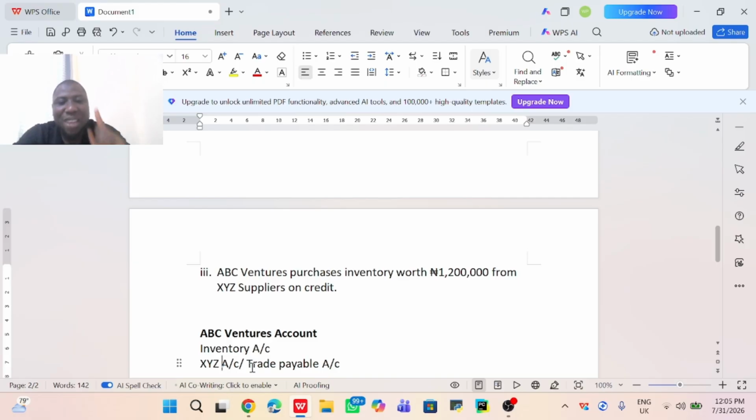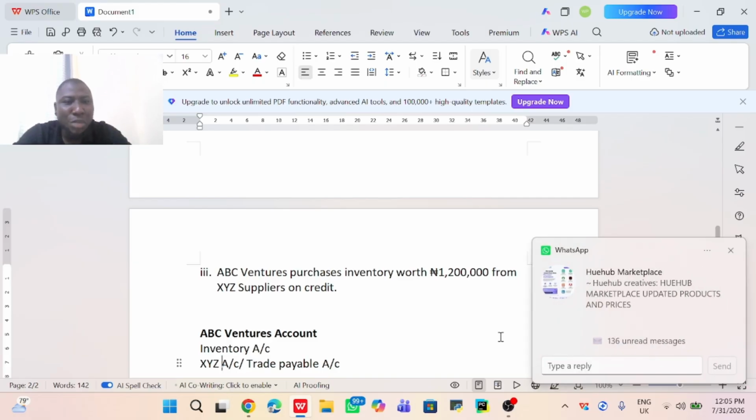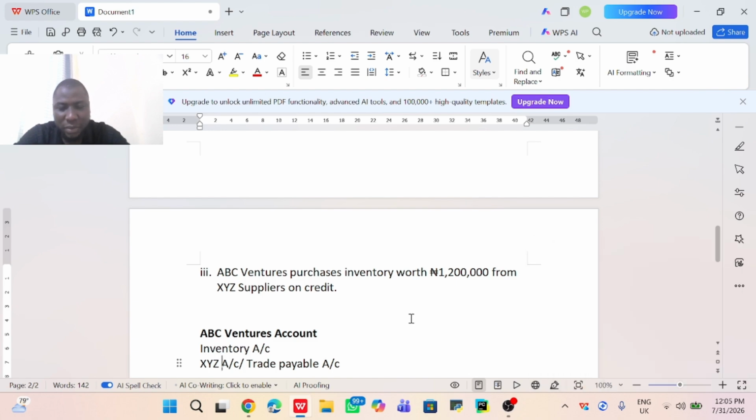Number one, inventory is an asset. Inventory means goods. It is an asset, right? Trade payable is a creditor, means it is a liability. Liability will be credited, asset will be debited. That is one aspect you should look at. Another aspect you can also look at is who is receiving, who is giving out.